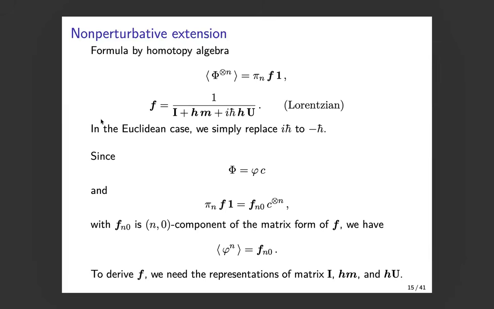So this means that the n-point correlation function of scalar field theory can be calculated by constructing the matrix form of F and reading off the element of the n0 component. To derive this F, we need the matrix representations of I, Hm, and Hu.